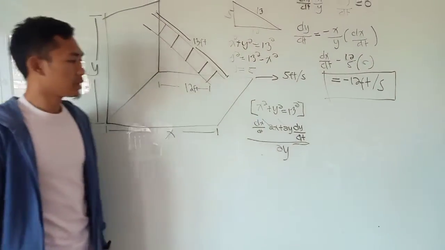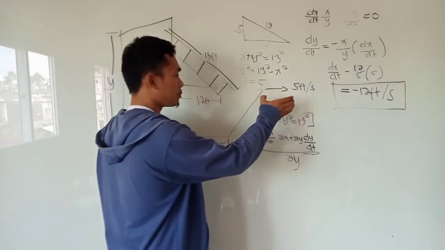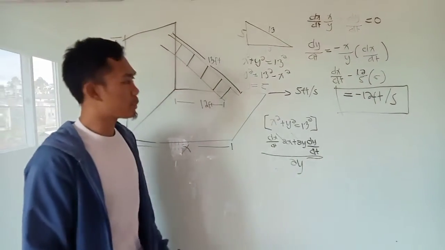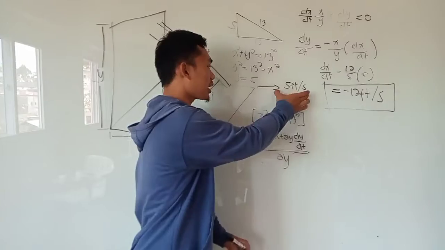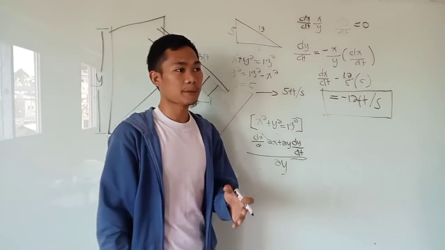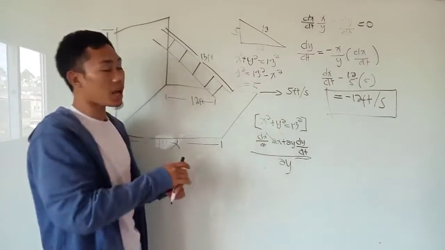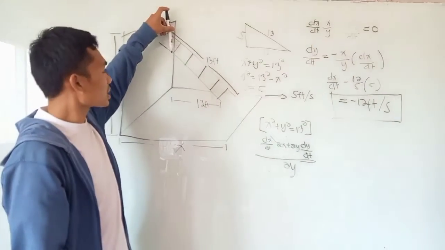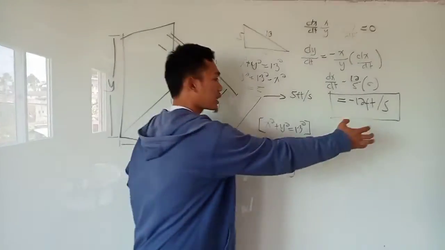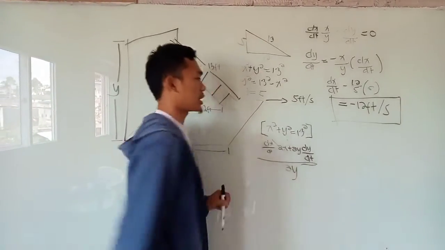In conclusion, as the base of the ladder begins to slide away from the wall at the constant rate of 5 feet per second, the top of this ladder is decreasing at the constant rate of negative 12 feet per second.